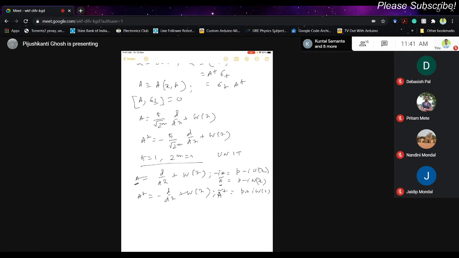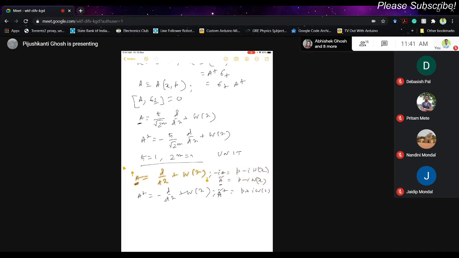Since I wrote this A dagger in my first class, I continue with this expression only, with the convention that h bar is equal to 1 and 2m is equal to 1.